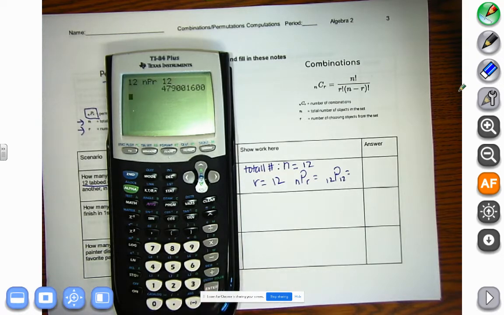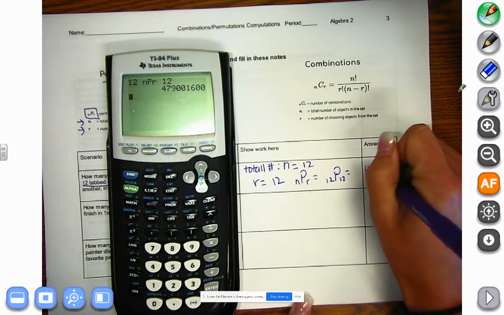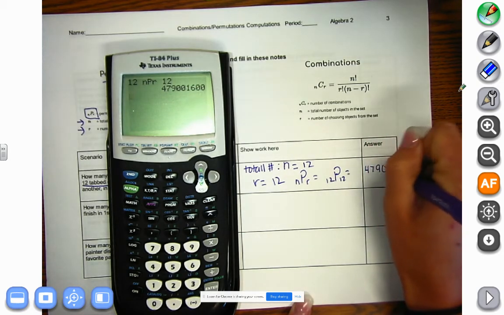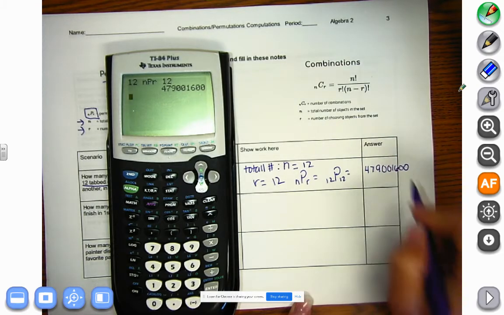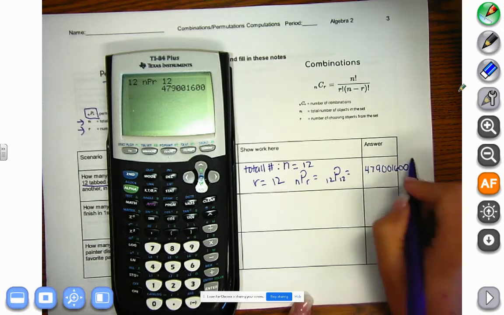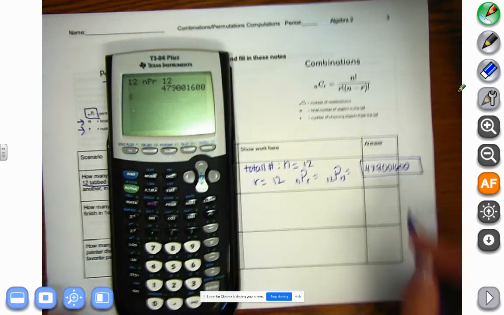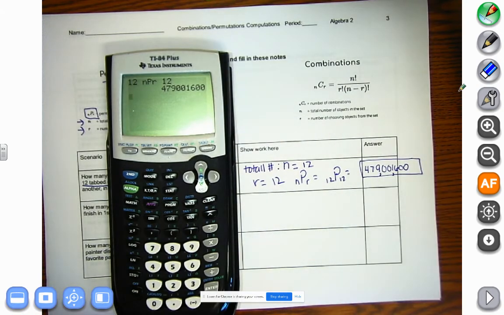It's a permutation, and we get our answer. These are the number of outcomes that we have: 479,001,600.